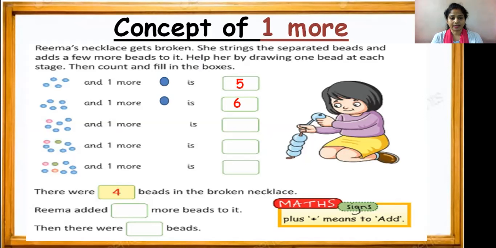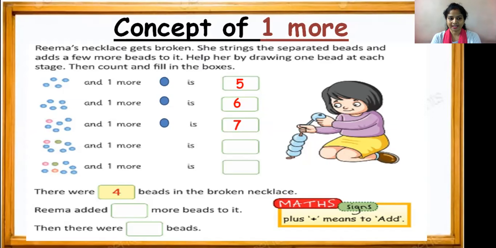Now in the next line, she has 6 beads. And when we draw one more bead like this, then how many beads she has? 6 and one more. One more means the next number. What is the next number of 6?